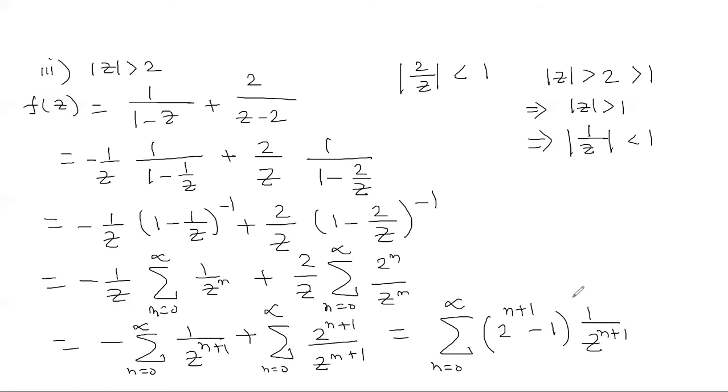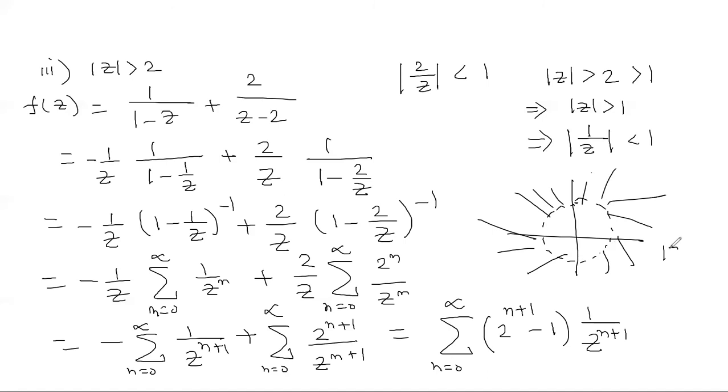So this is the Laurent series we are getting in this region, mod z strictly greater than 2. Okay. So here we are expanding this annulus region, mod z greater than 2. We have expanded the function.